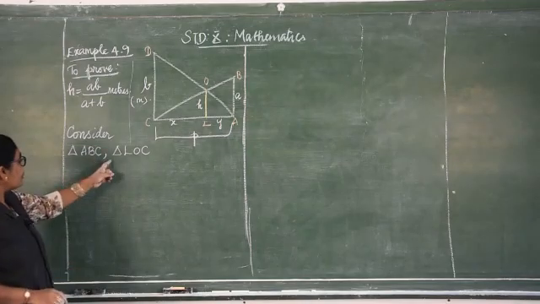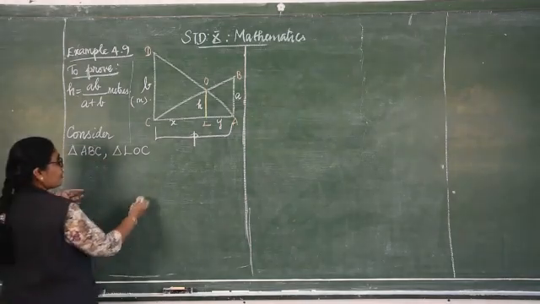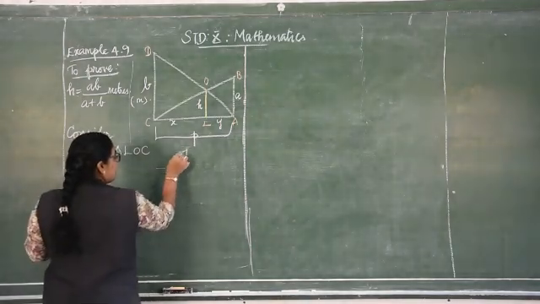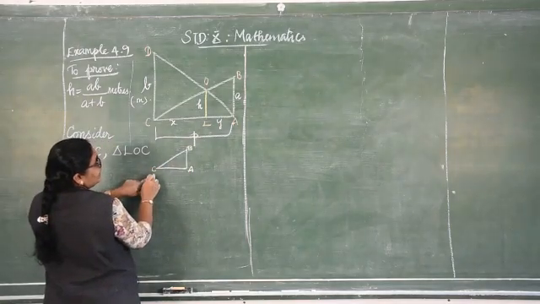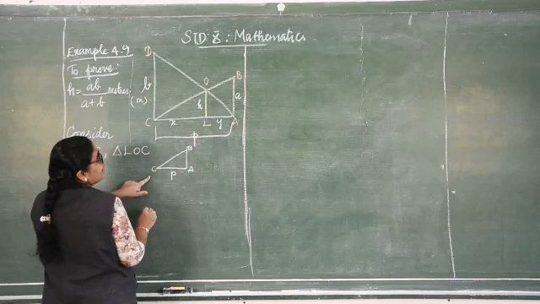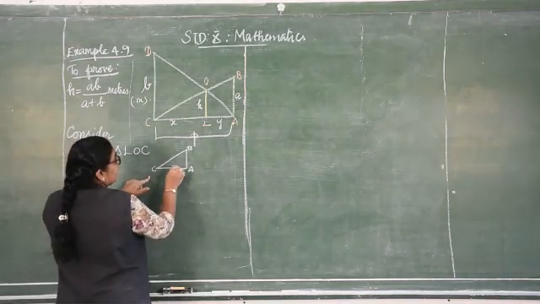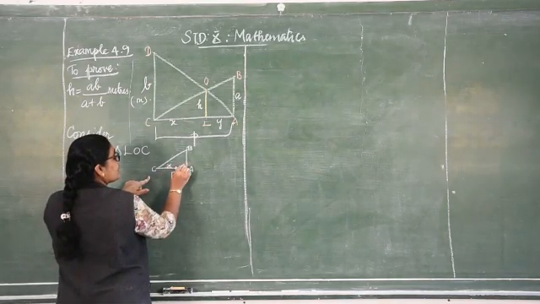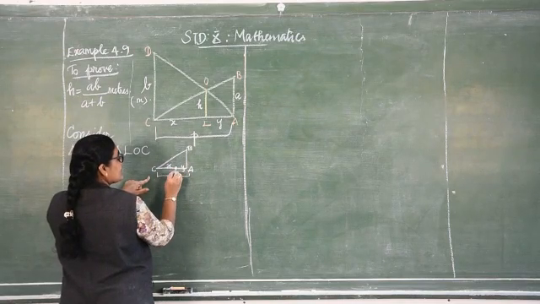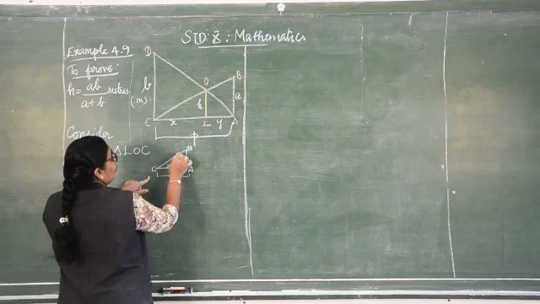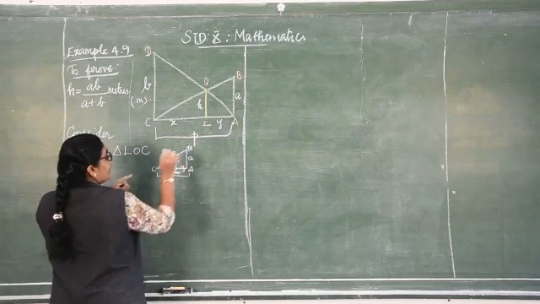For your reference, if you draw the triangle and complete it, it will be easy for you. So I am drawing A, B, C. What are the values we know for this? This is P, and here L is given. So this is X and this is Y. This is P and this is L, O. This is H and this is A.